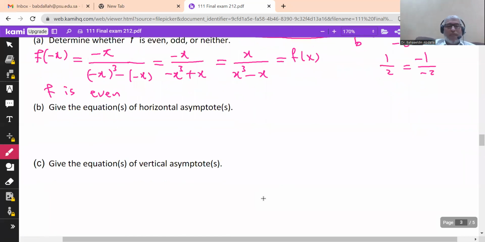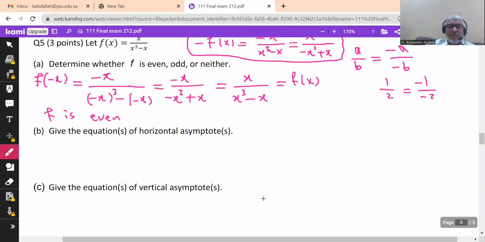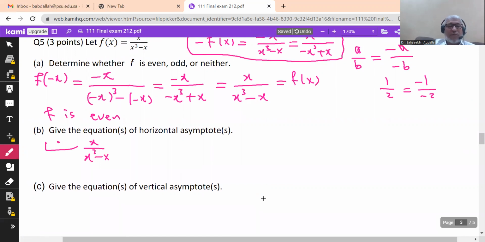So f is even. Give the equations of the horizontal asymptotes. To find the horizontal asymptotes, we need to find the limit of the function, which is x over x cubed minus x when x approaches positive or negative infinity. There is no difference here between positive or negative infinity, because in fact, how to find the limit, you can use L'Hopital's rule if you like, because you have infinity over infinity, or you can just take the highest power in the numerator, the highest power in the denominator.